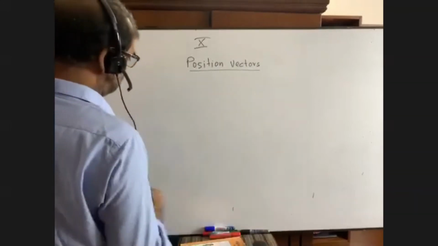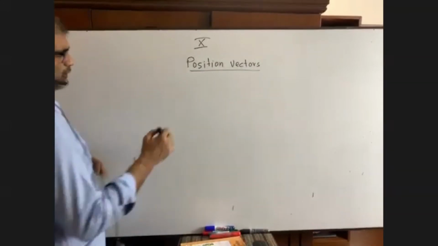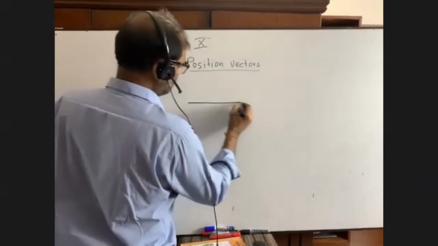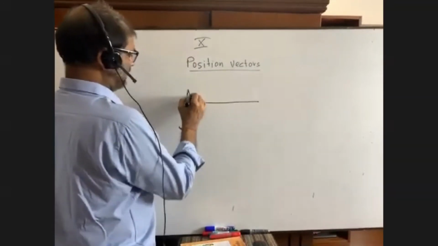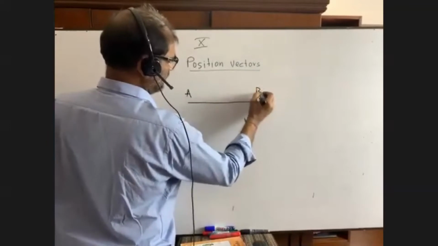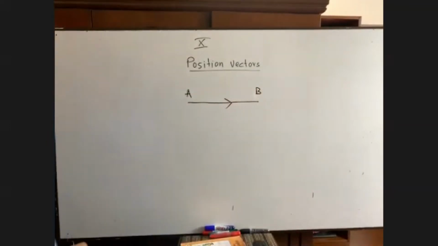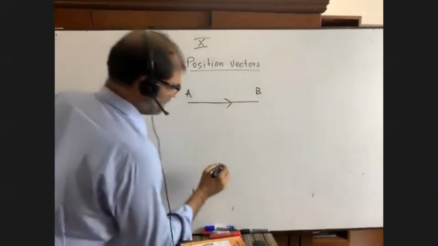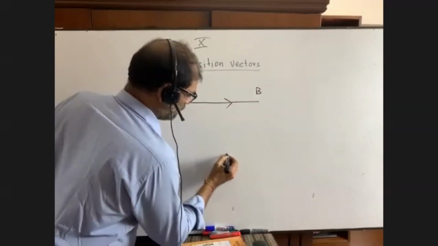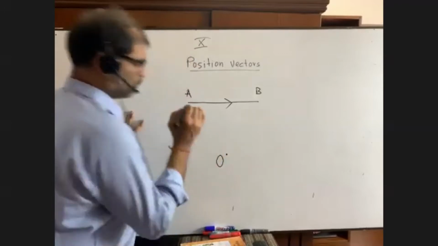That means, suppose we are getting A and B. AB is a vector from A to B. Now, take an origin O. Suppose it is O for origin.